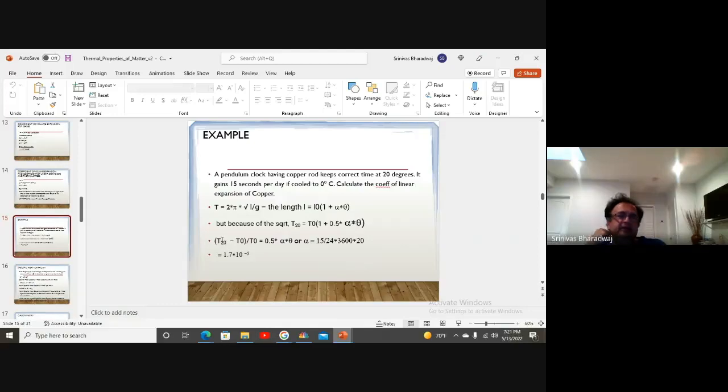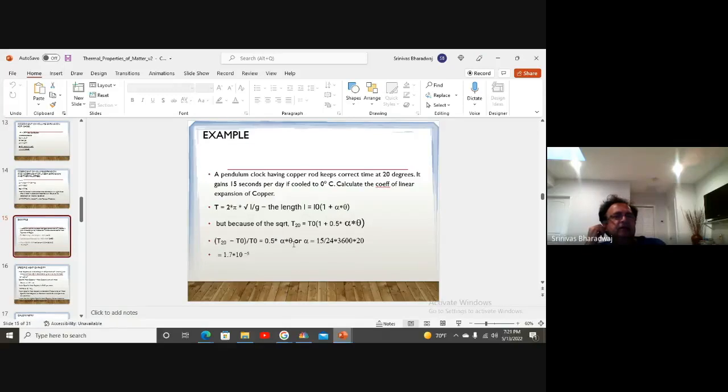So T20 minus T naught is 15, right? And 15 divided by T naught is what? T naught is a day, right? 24 times 3600, right? Therefore, from that, and then theta is 20 degrees, right?